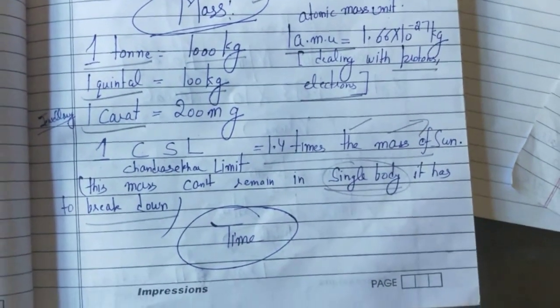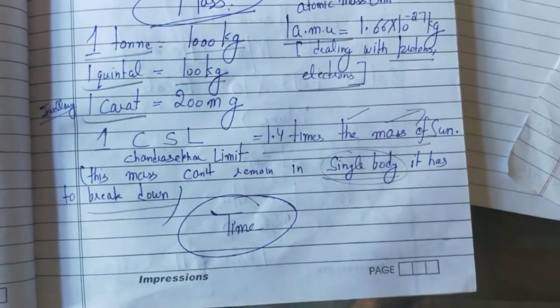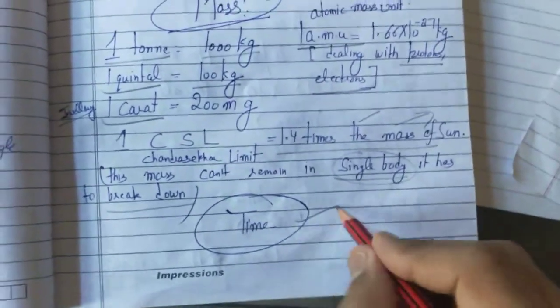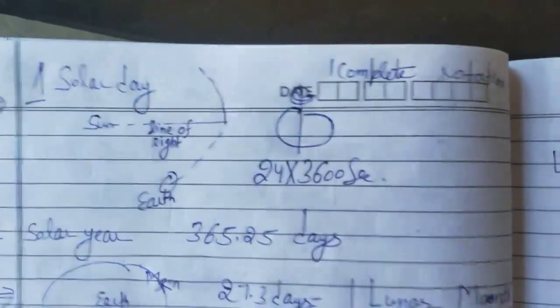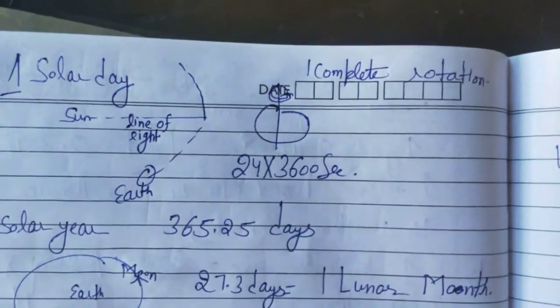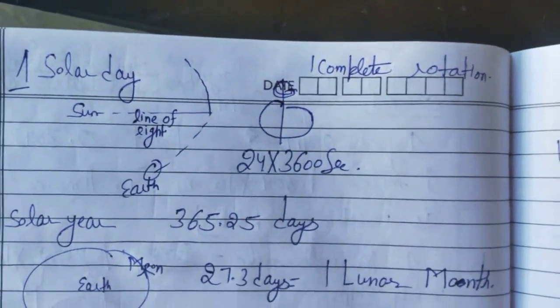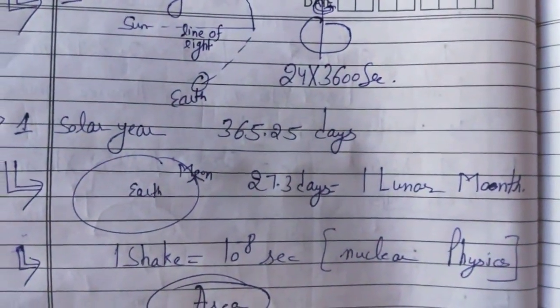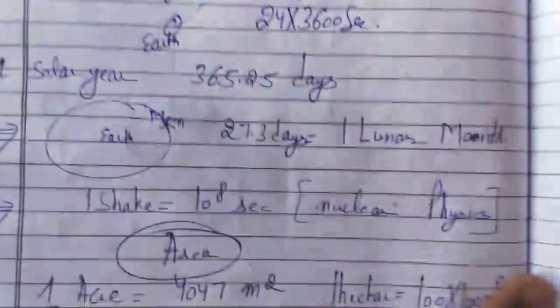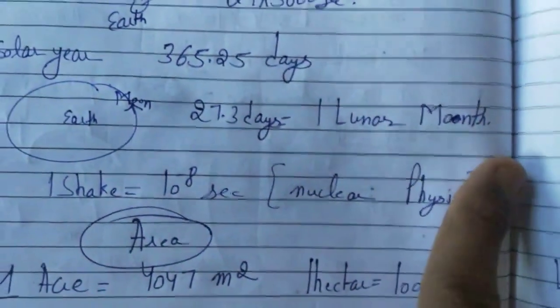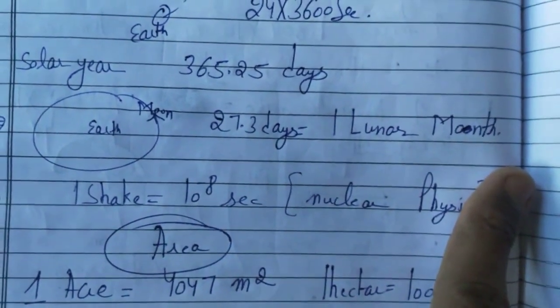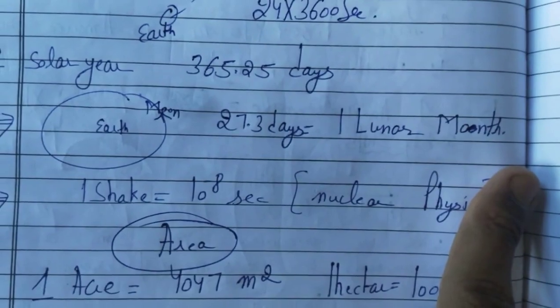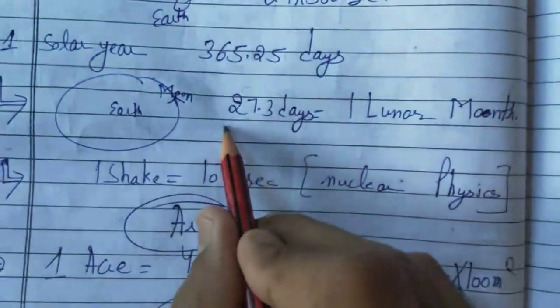Now we will discuss the practical units of measurement in case of time. First unit is 1 solar day, the time taken by Earth to complete 1 rotation. 1 solar year is the time taken by Earth to complete 1 revolution around the Sun. 1 lunar month is the time taken by Moon to complete 1 revolution around the Earth, that is 27.3 days.